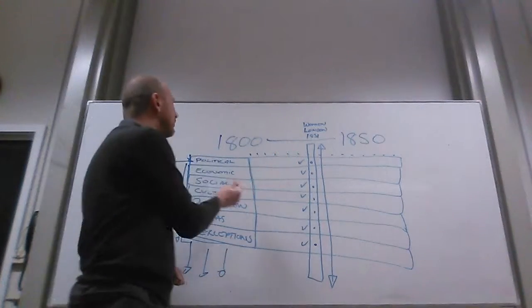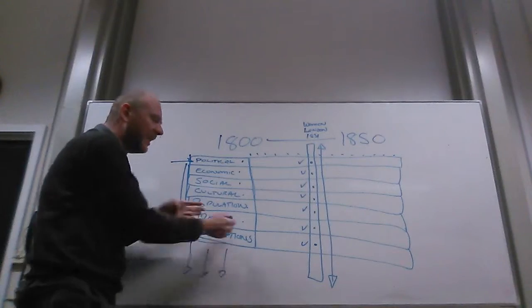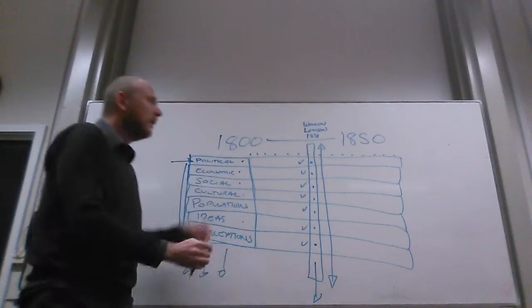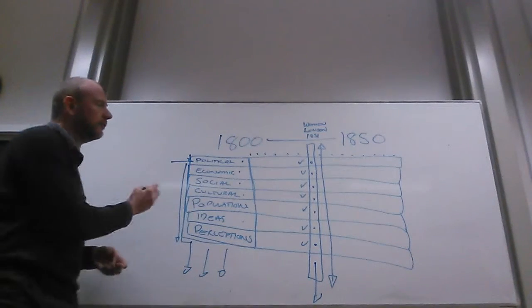But you can study the political, the economic, the social, the cultural, the population, the ideas, perceptions, everything else onwards and downwards, by taking that very thin slice across, as opposed to trying to take a linear view.